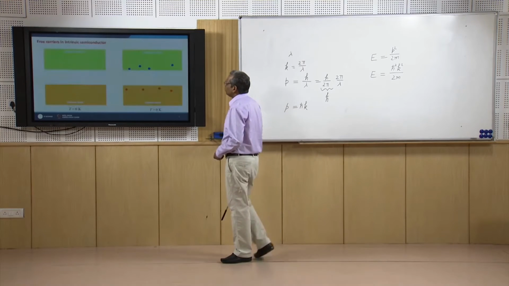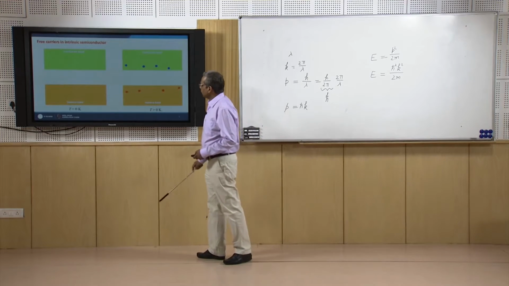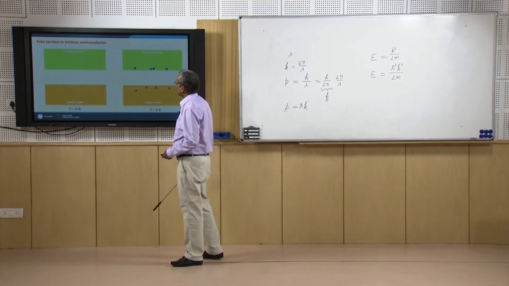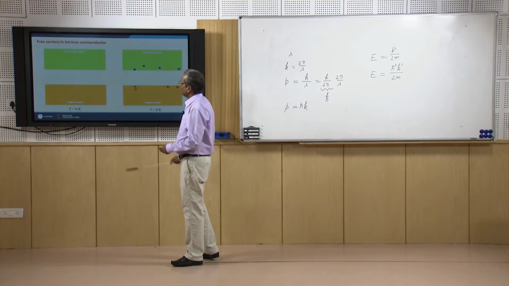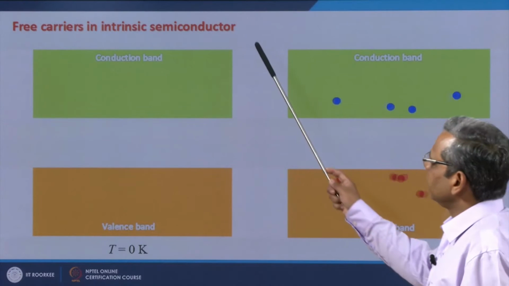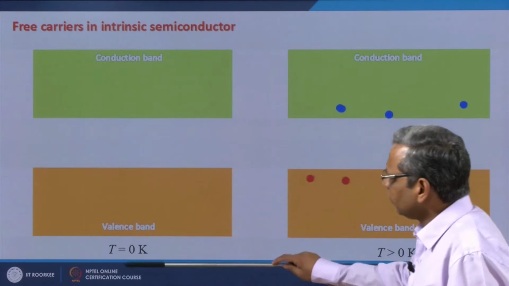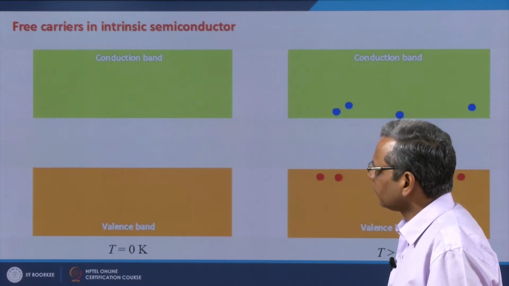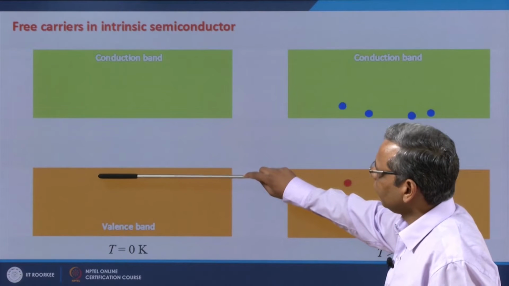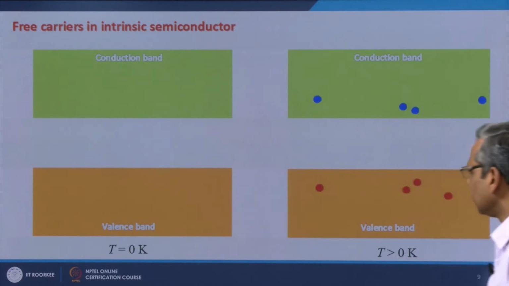Another way of increasing the conductivity is by doping. I will talk about that later. So, if I look at free carriers in an intrinsic semiconductor, which is not doped, then at T equal to 0 Kelvin, I do not have any free carriers in the valence band or in the conduction band.